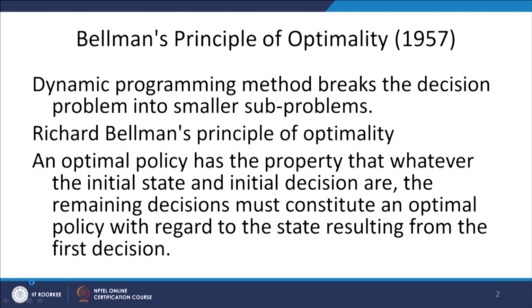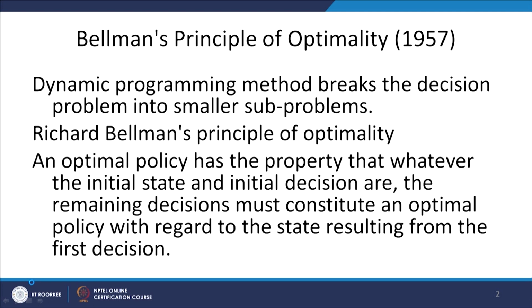Now this dynamic programming method breaks down the decision problem into smaller sub problems, and these sub problems are solved so as to give the solution of the original problem.